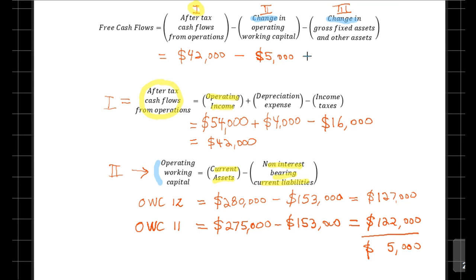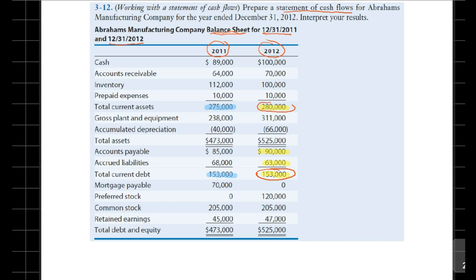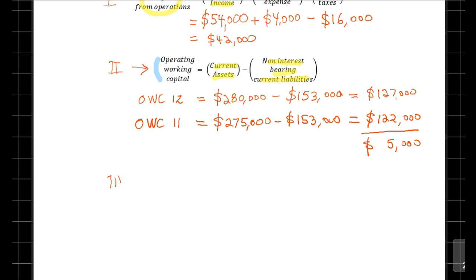Now in the final step, we need the change in gross fixed assets. Going back to our balance sheet, we realize that gross fixed assets were $311,000 in the most current year, whereas it was only $238,000 in the previous year. So the difference should give us the change in gross fixed assets. 311 minus 238. That would be the third part.